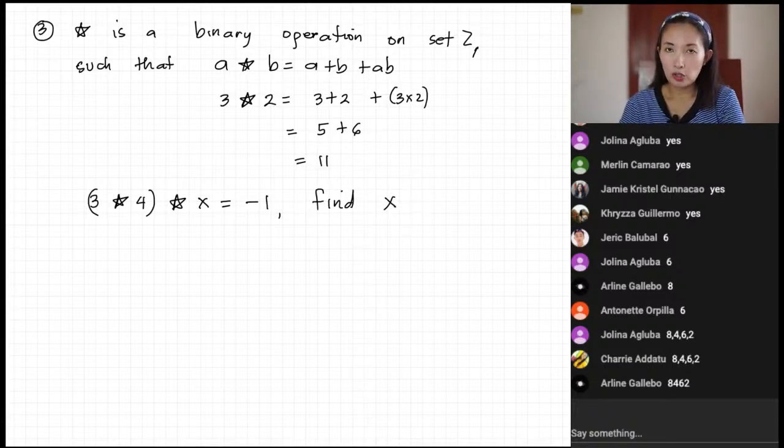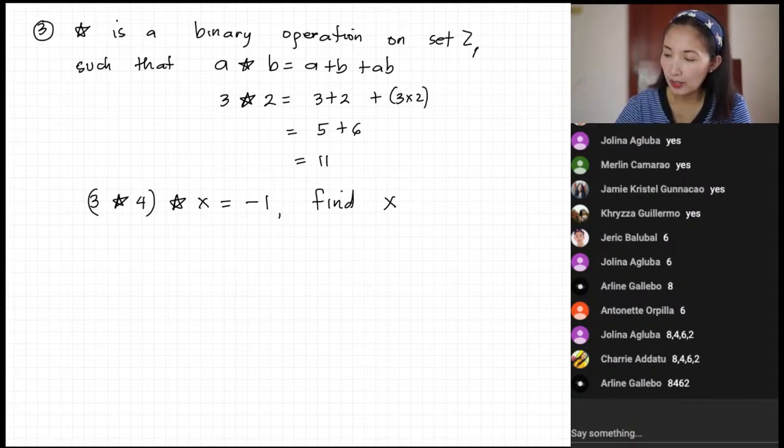Okay? So this appears again in your examination. The quantity 3 star 4, star x is equal to negative 1. Find the x. Okay, so let's apply the definition. Add the two plus the product.